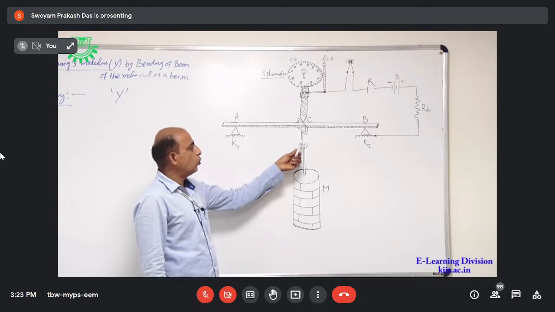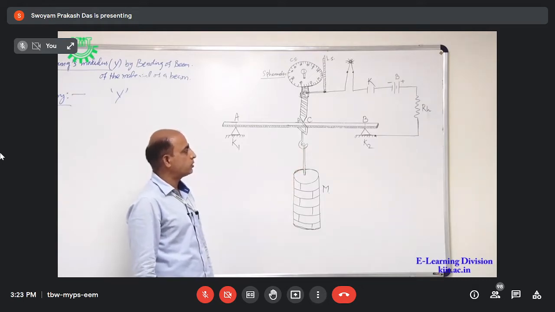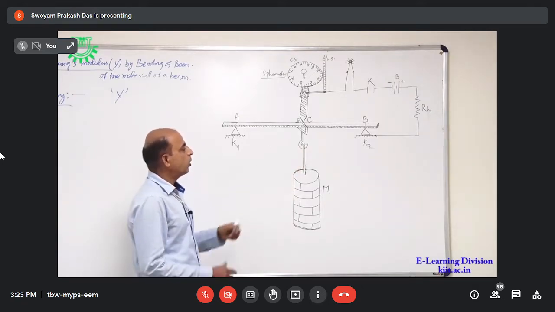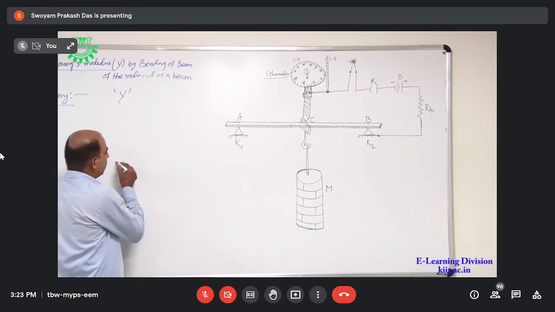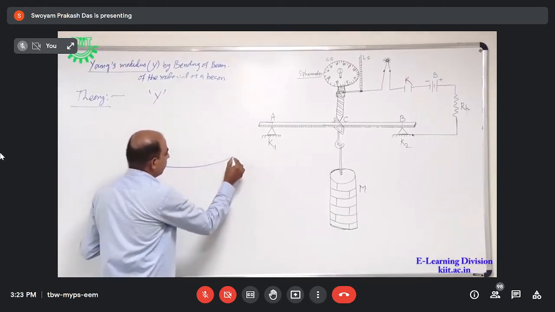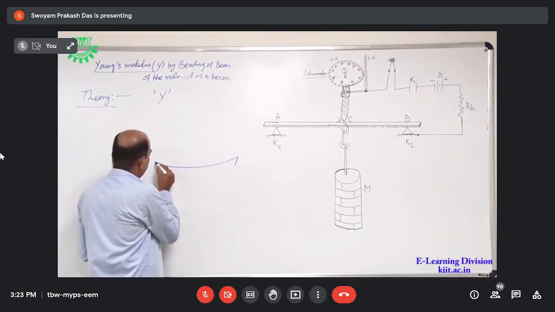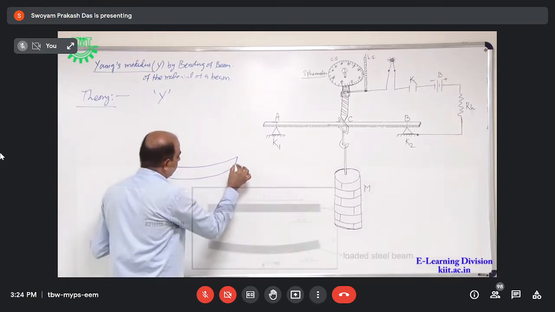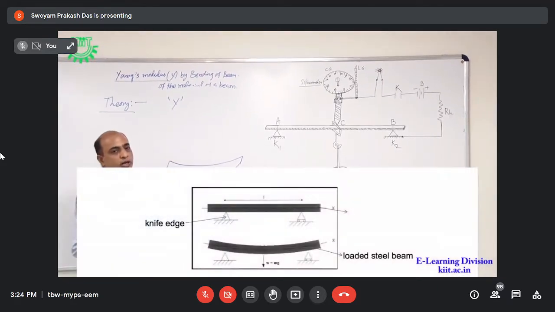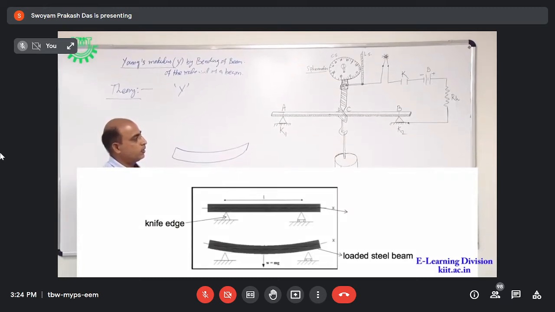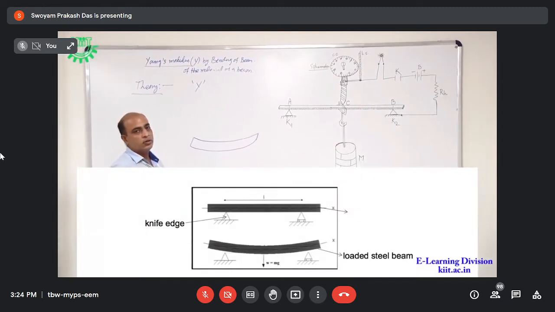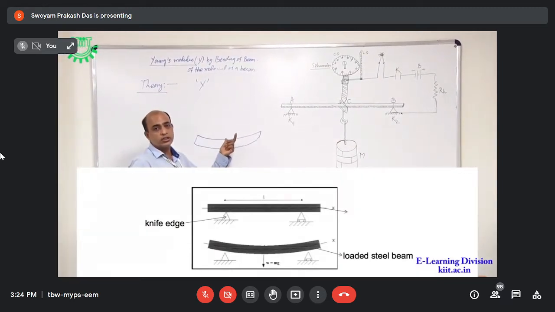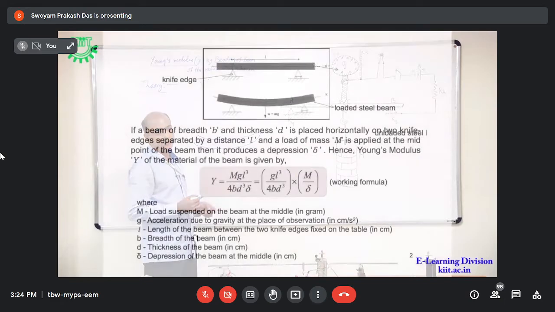So when load is given, what happens? The beam takes the form of an arc. That means it gets stretched or compressed on two sides.